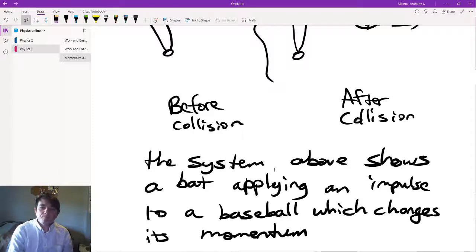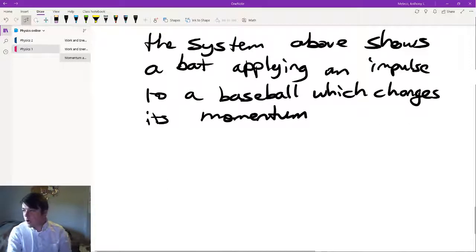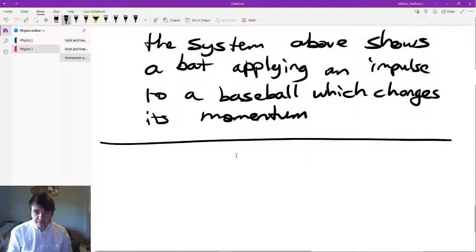Okay. All right. So that's concept number 1, momentum and impulse.